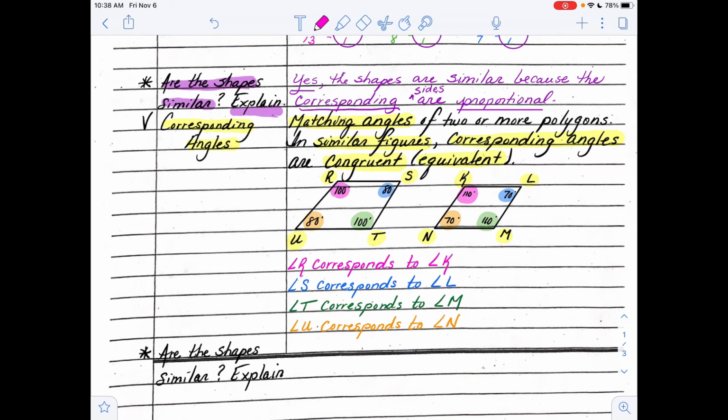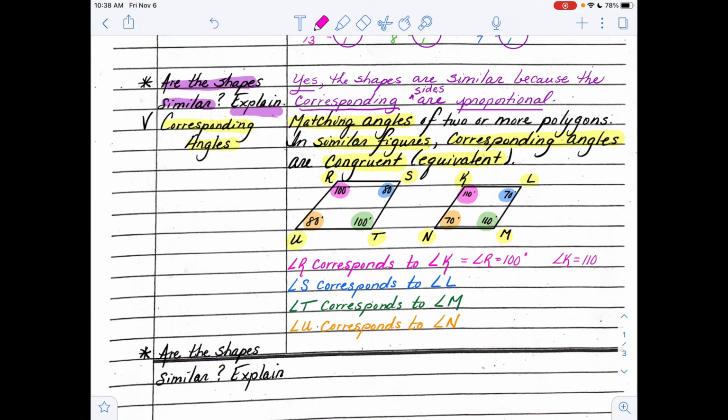So let's look at this first one. Angle R corresponds to angle K. Well, how much is angle R? Angle R is 100 degrees. So if it really is the exact same shape, just a different size, its corresponding angle K should be exactly the same.